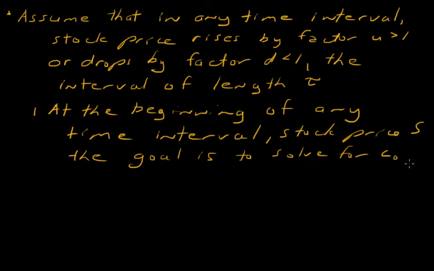Okay, you can think about that as the original C naught that aligns with that first stock price. Okay? And then the stock price will go up. We have S up, and that's tied to solving for a call up, or we have an S down, a stock price that goes down, and then that's mapped to a call down. Okay?